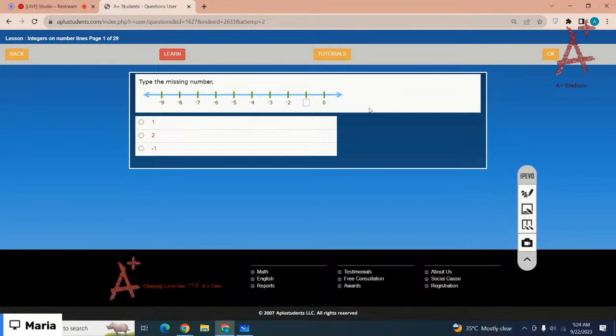The number between 0 and negative 2 is negative 1. So that would be negative 1, because you are on the negative side of the number line. So right next to 0 you have negative 1.